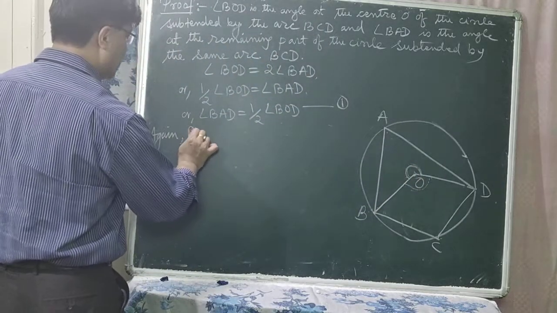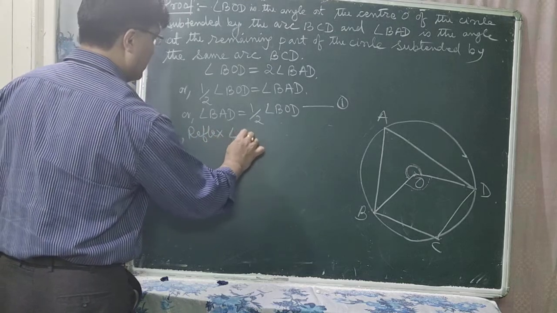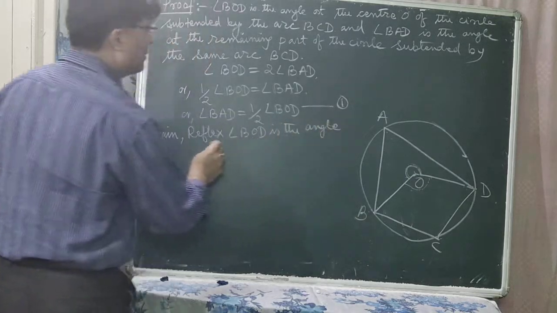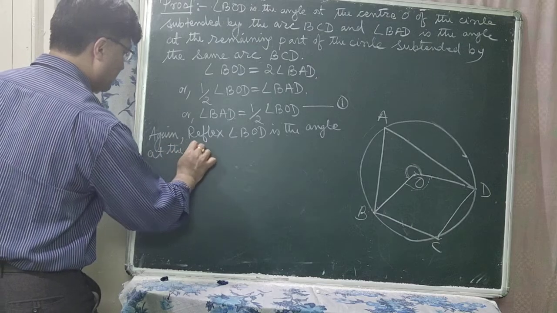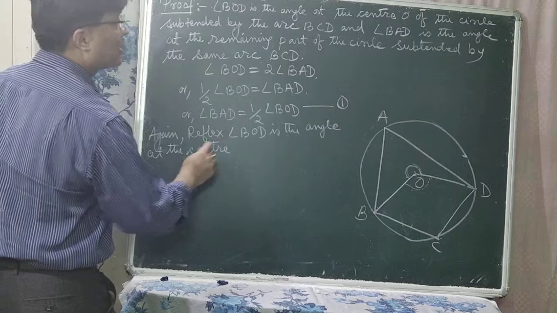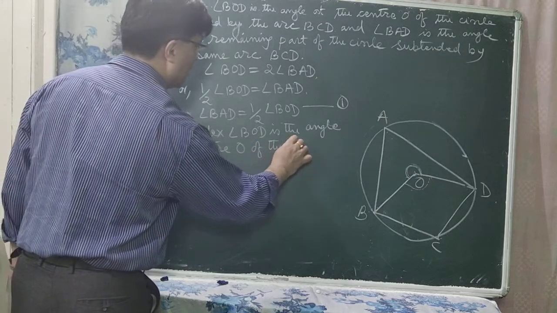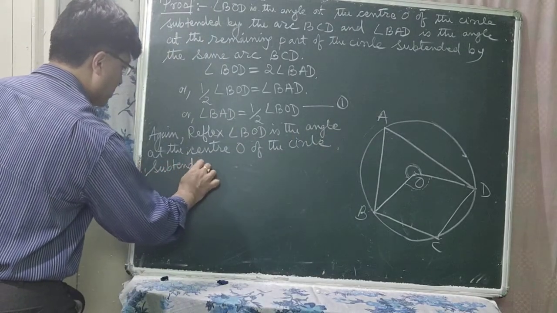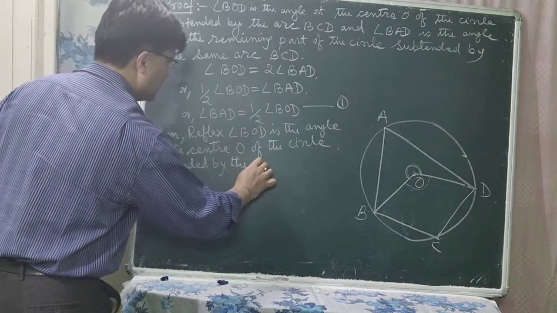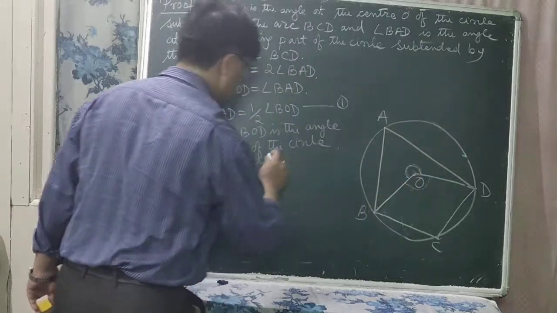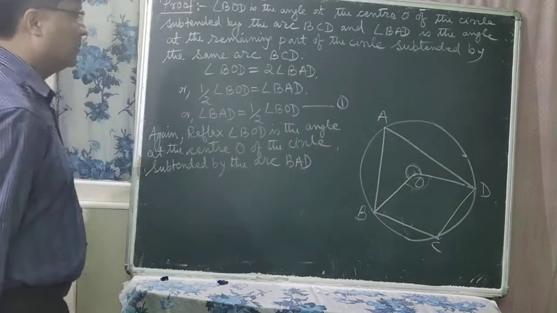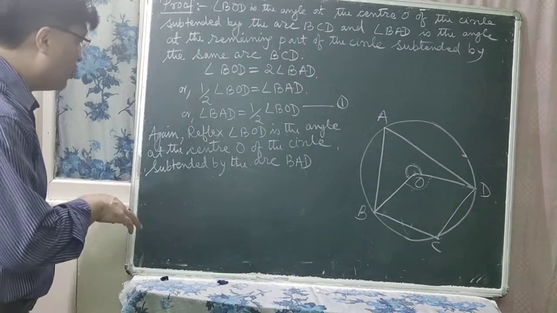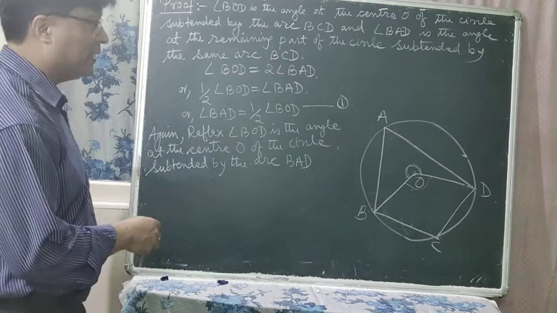So here we can write: reflex angle BOD is the angle at the center O of the circle subtended by the arc BAD, right?